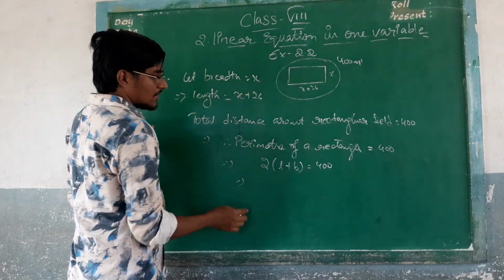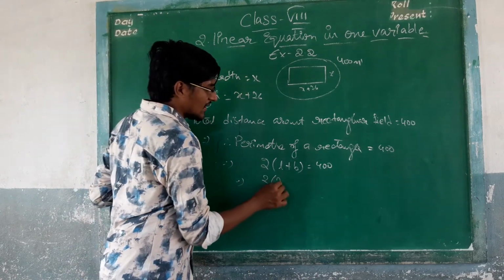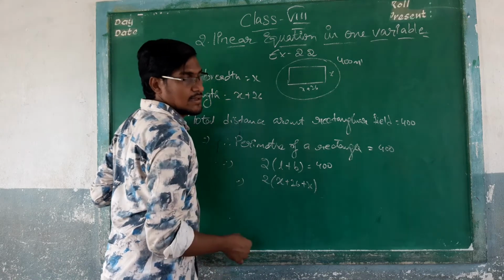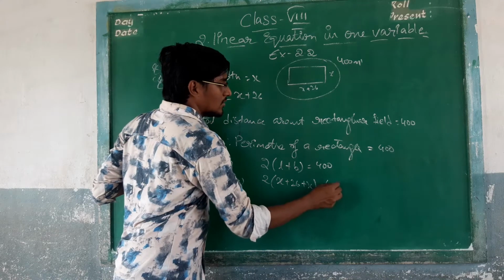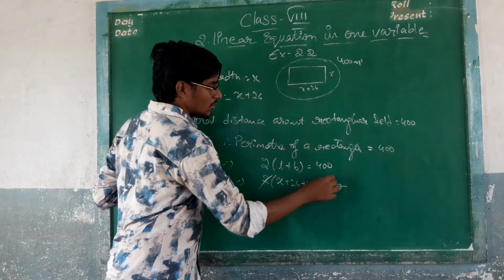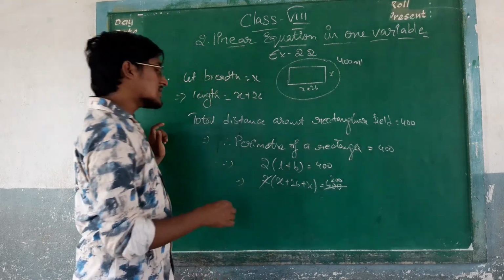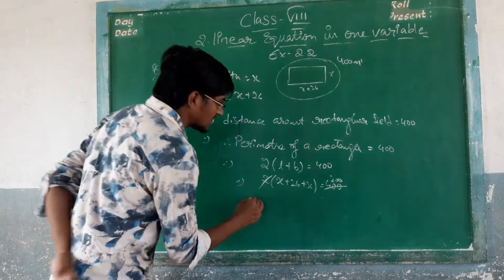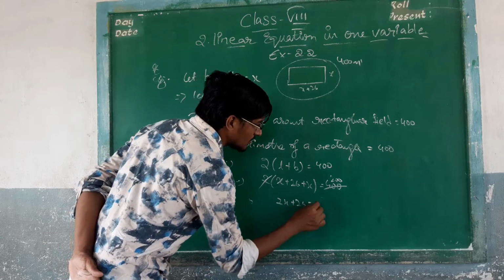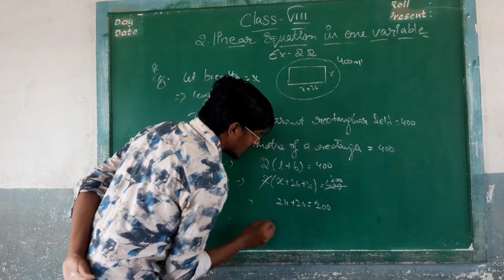That implies 2 into, what is the length here? x plus 26. What is the breadth here? x. Equal to 400. So here 2 is cancelling, 200. That implies x plus x, 2x plus 26 equal to 200.